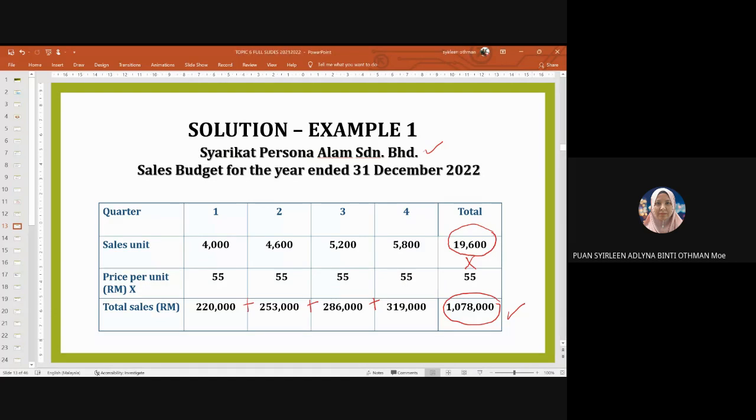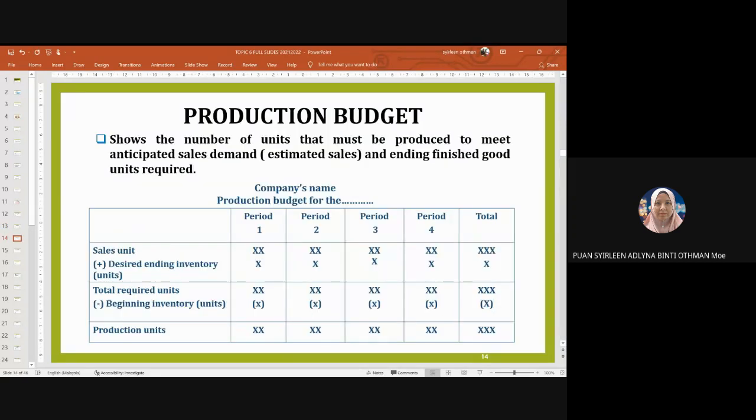Alright. So I am going to proceed. Okay, so we are done with the sales budget. Kita akan pergi ke production budget. Okay, alright. So ini production budget. Okay, so what are the items that we have in the production budget? So production budget ni kita nak buat anggaran how many units that you need to produce for year 2022.